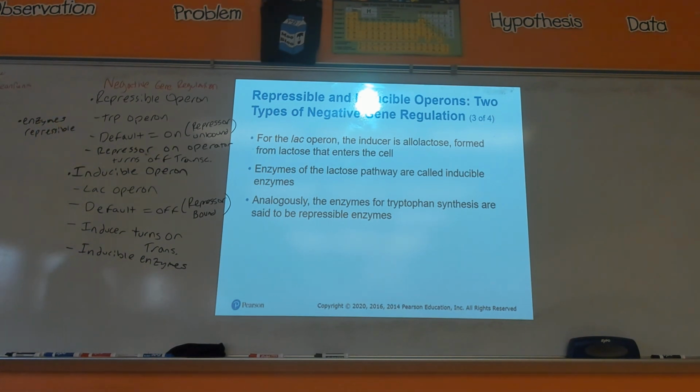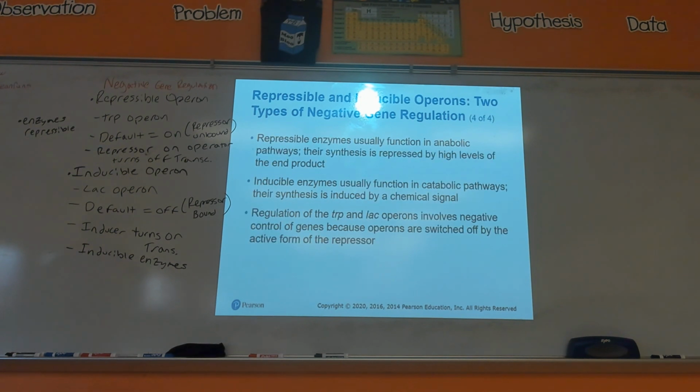Makes some common sense there. Another important detail, distinguishing repressible and inducible: repressible operons, we are going to use these for anabolic pathways. Inducible, we use these for catabolic pathways. And again, you don't really have to memorize this. Try to make this make sense to you.